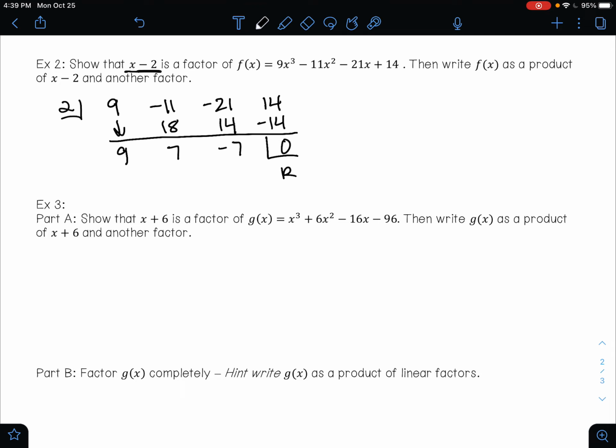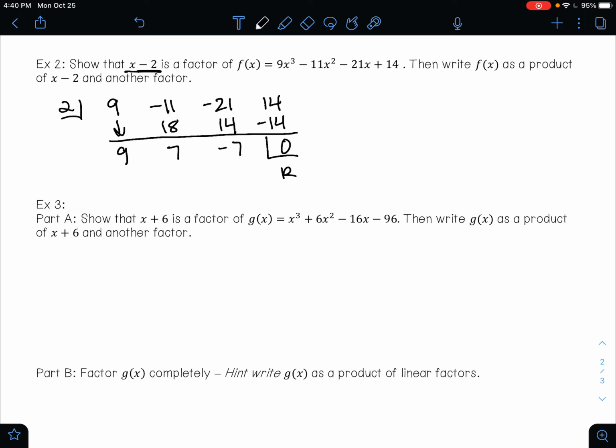So the first thing they asked us to do is show that x minus 2 is a factor of this. We showed that because the remainder is 0. The next thing they want us to do is to write f of x as a product. Remember, product means that you're multiplying, of x minus 2 and another factor.